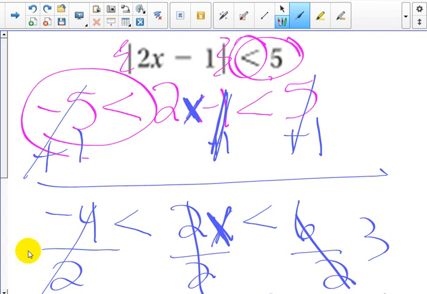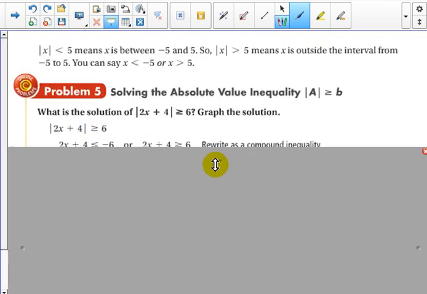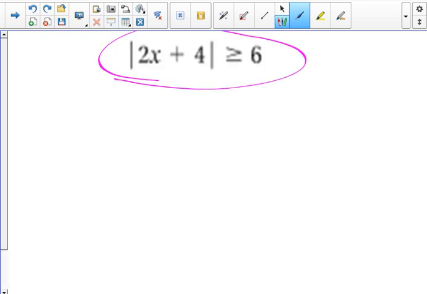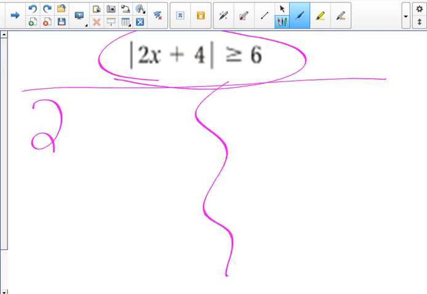So, whoops, let me back up. The first thing we need to do is rewrite them both. Remember, when you do the negative or the opposite, you've got to flip the sign. So here, let me blow this up. So we're going to go to here: 2x plus 4 less than or equal to negative 6.